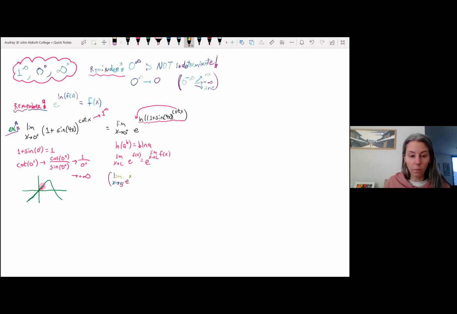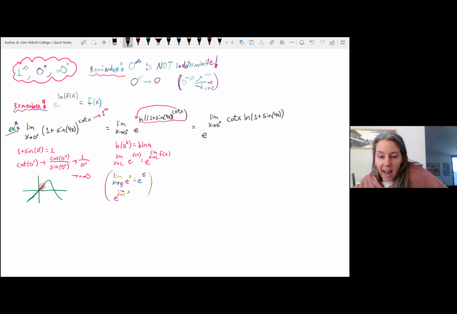Where does that 5 go? It's not changing the e at all. This is just e to the 5, which is the same thing as e to the limit as x approaches 5 of x, right? So I can just move that limit to the inside. So that's what I'm going to do here. So we're going to have e to the limit as x goes to 0 from the right. Now I'm applying my log rule, cotangent x times natural log of 1 plus sine of 4x.